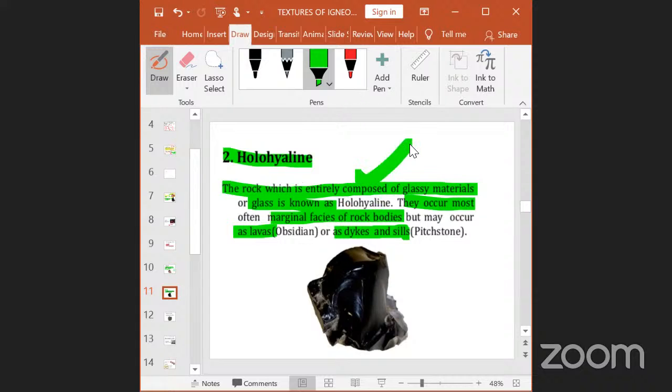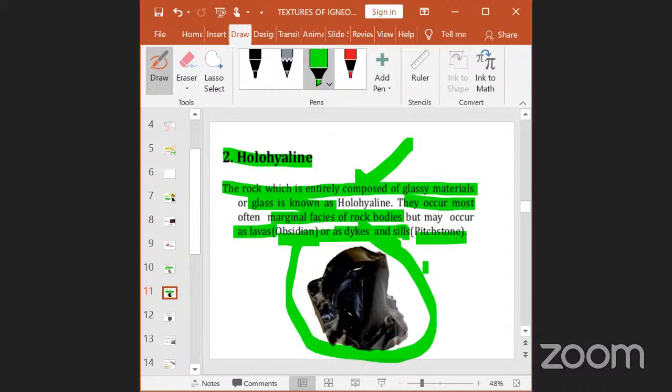This rock is composed entirely of glass, so there are no crystals visible even with magnification. That indicates cooling so rapid that no crystal growth could occur, which is called quenching. Examples are obsidian and pitchstone. You see the glassy structure.